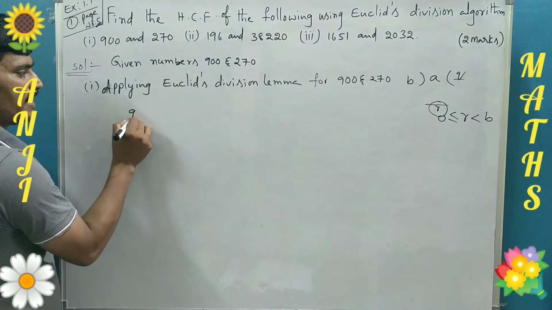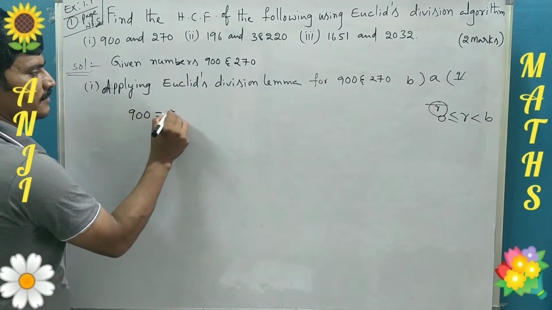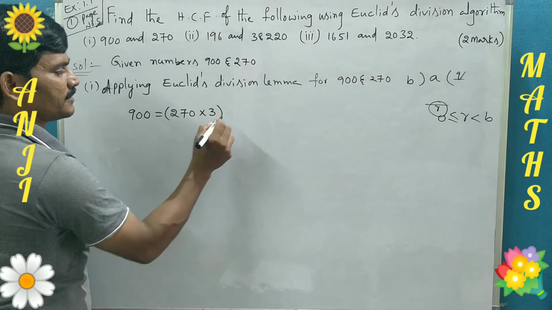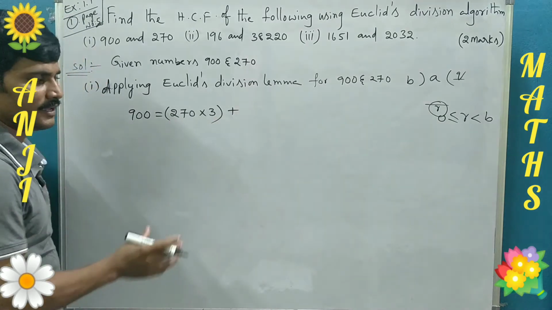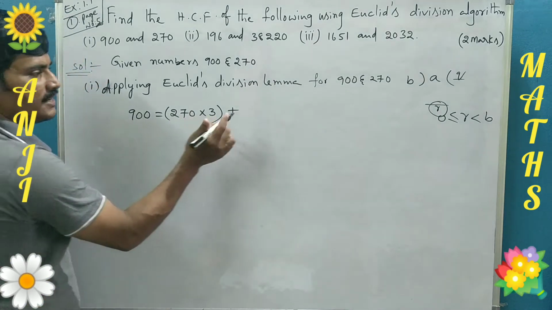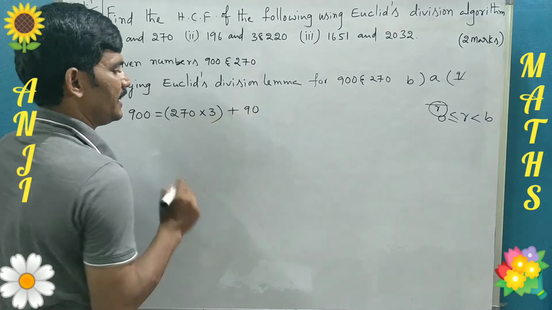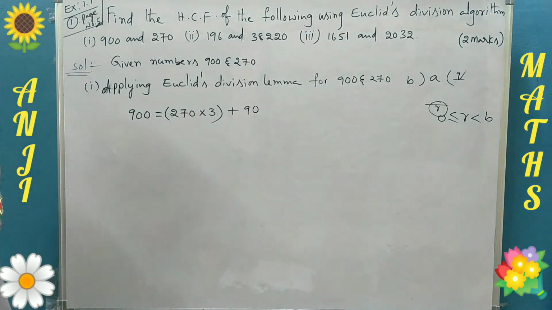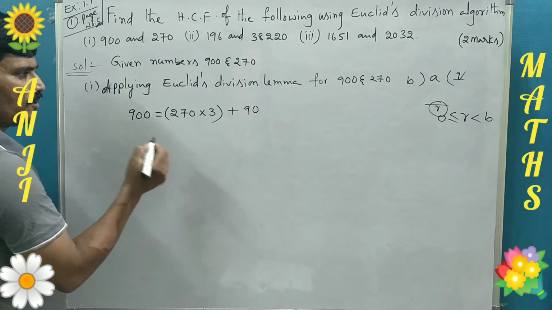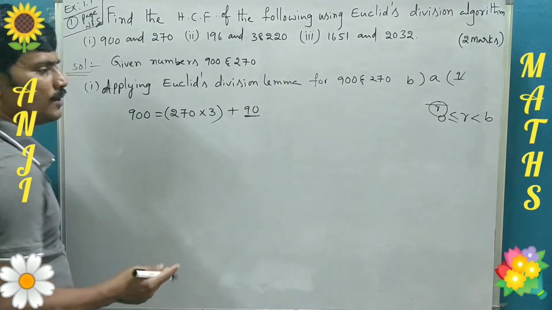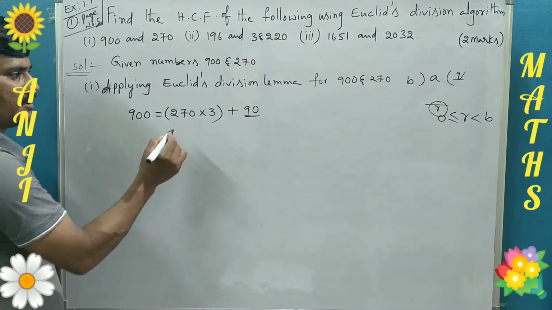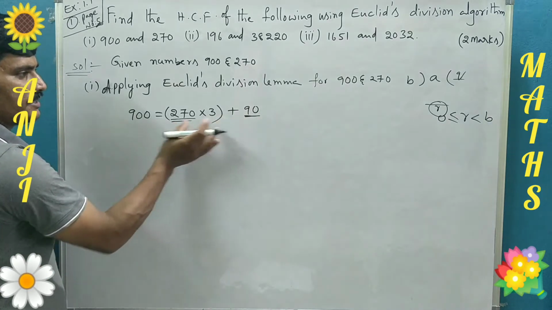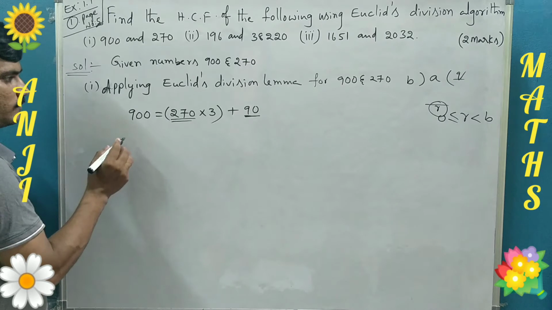The bigger number 900 can be written as 270 taken 3 times plus 810, and the remainder would be 90. This remainder is less than the divisor. Now as the remainder is not 0, you have to proceed further, and apply Euclid's division lemma for this remainder and divisor.